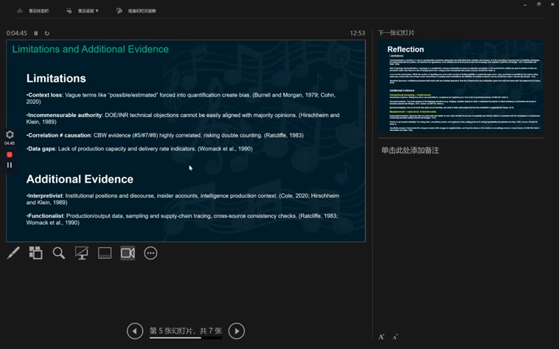Now let's talk about the limitations and additional evidence. This method has problems. Turning words into numbers can make us lose meaning. The result looks more certain than it really is. The table can force some clear evidence into the wrong groups, which hides important details from weak ones.